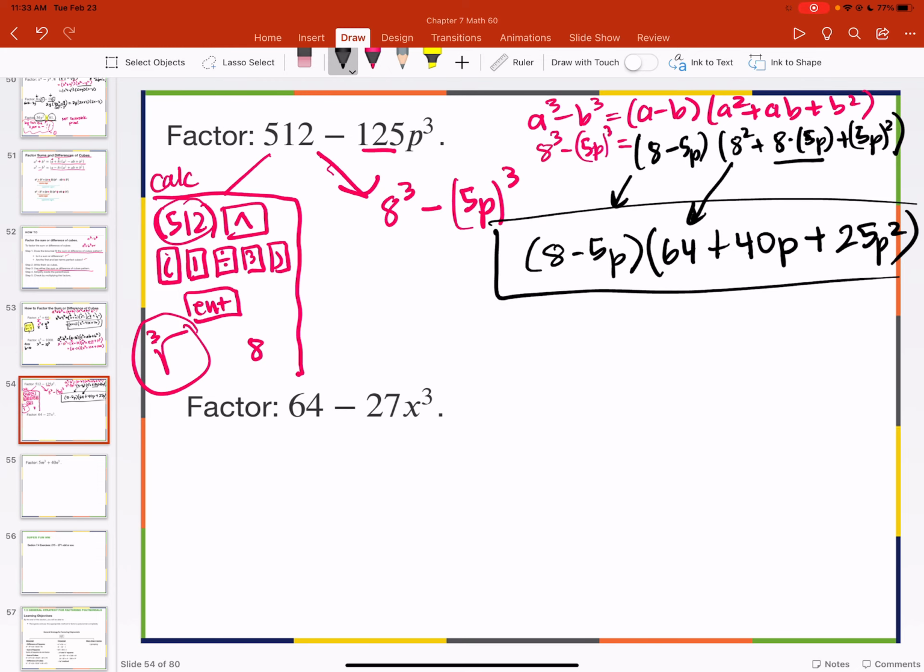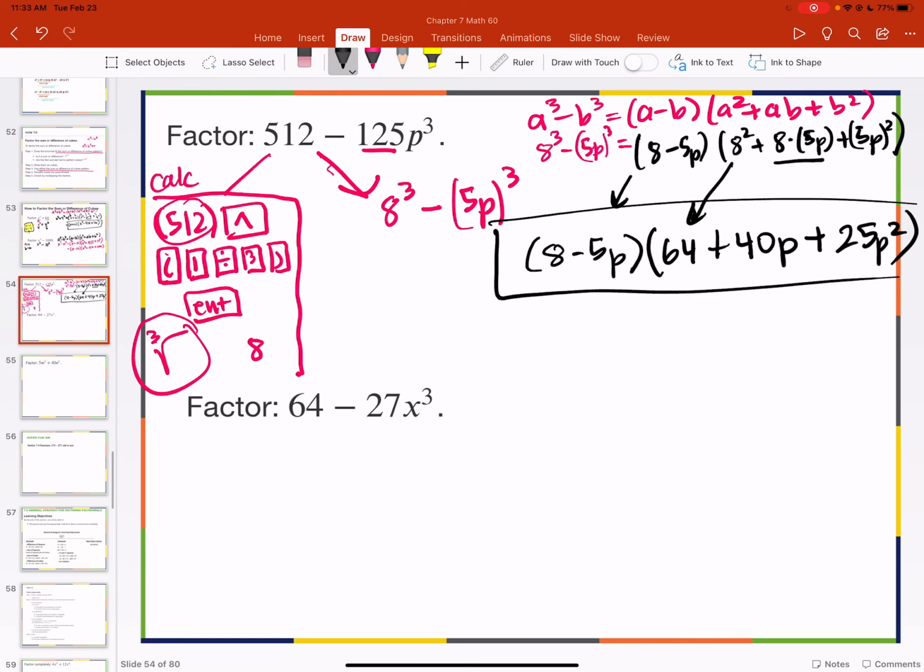So then here we have 64 minus 27x cubed. So 64 is 4 cubed, and 27x cubed is 3x cubed. So then let's go ahead and put that in.